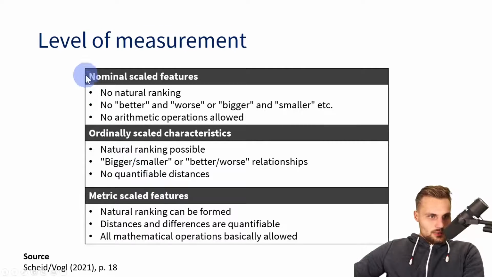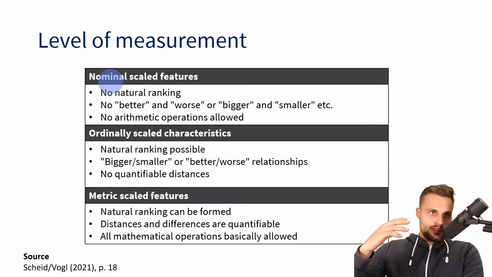Let's talk about the first level, which is the nominal scaled features. Our characteristics or features of data can be scaled in different levels. For instance, they can be scaled nominally. That means that we cannot create a ranking of our characteristic values.